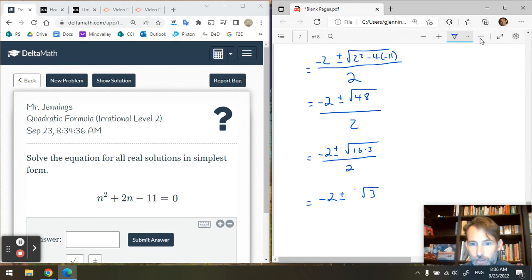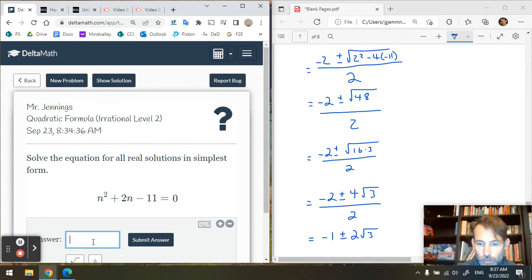You don't, but anyway, I do. Okay, all divided by 2. And then I knew that this 4 is going to be divided by 2, and this minus 2 is going to be divided by 2. So this is equal to minus 1 plus or minus 2 root 3. And that's the final answer. Negative 1 plus or minus 2 root 3.